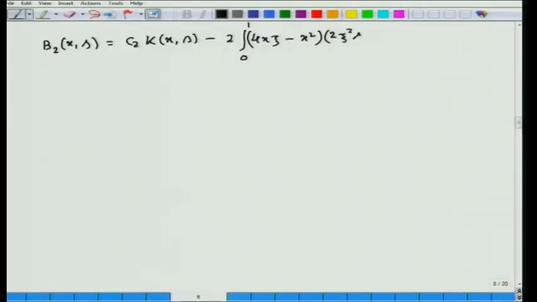Now, B1(xi, s) is 2 xi square s minus 4 by 3 xi square plus xi minus 4 by 3 xi s d xi, and if you evaluate this integral and after simplification, it comes out to be exactly equal to 0.